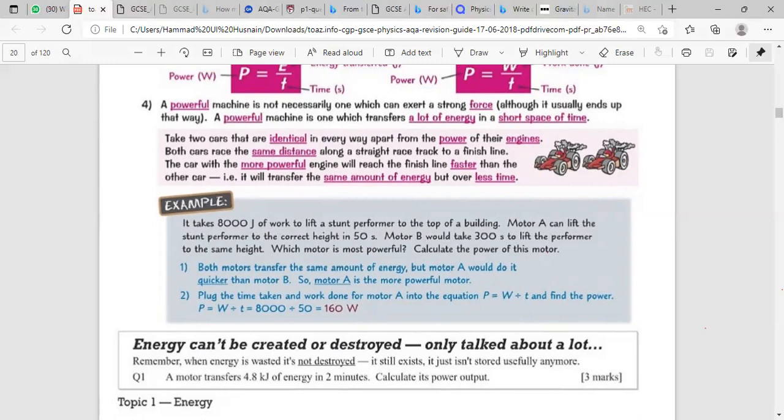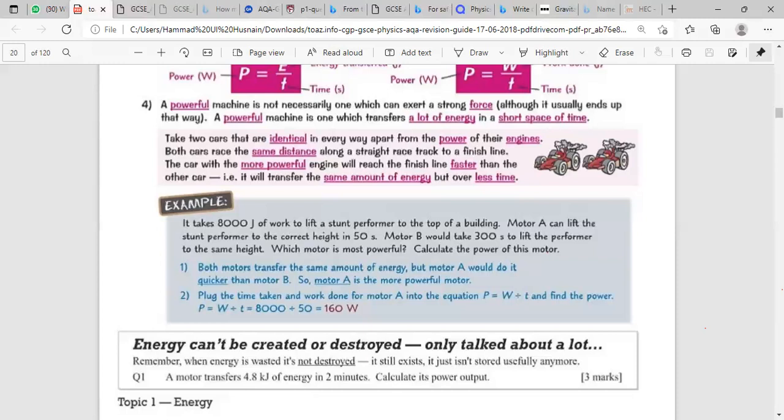We have two motors for that, motor A and motor B. Motor A lifts that person to the top in 50 seconds, and motor B takes 300 seconds to lift that performer to the same height. So the question is asking which motor will be more powerful. Can you solve this problem?